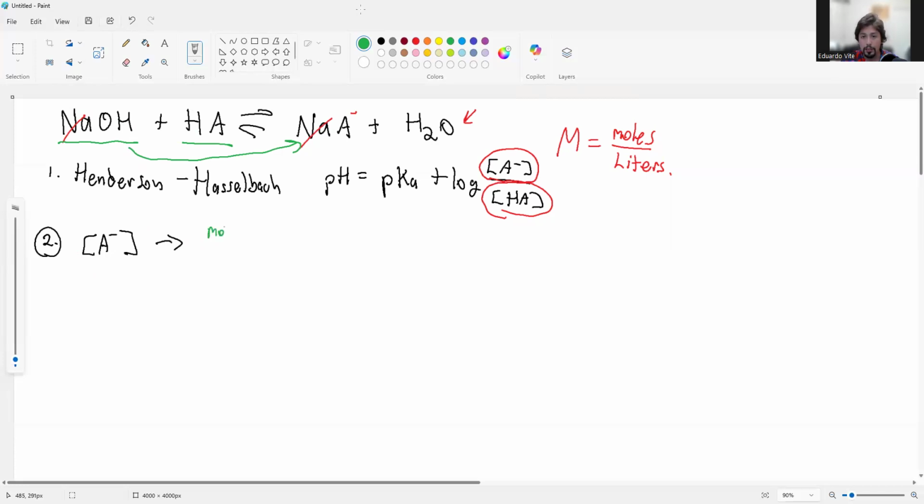Remember, this is moles over liters. Well, the moles of your A minus or your anion or your acetate are going to equal the moles of NaOH that you've added, because the NaOH is being directly converted to sodium anion and sodium acetate. And so this takes care of the first part.